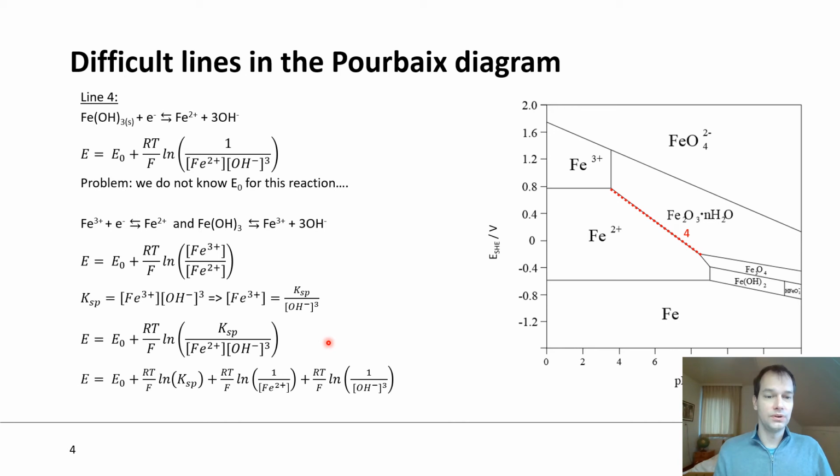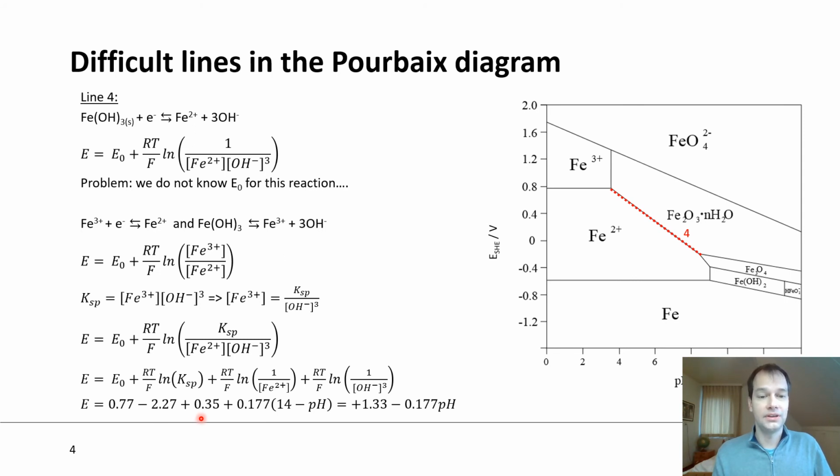Now, you can take this equation apart and rewrite it like this, splitting the natural logarithm into these parts, and then you can fill in all these numbers. The E0 of the iron 3, iron 2 reaction we know is 0.77. This is a constant because we know the solubility product: RT divided by F times the ln results in minus 2.27.